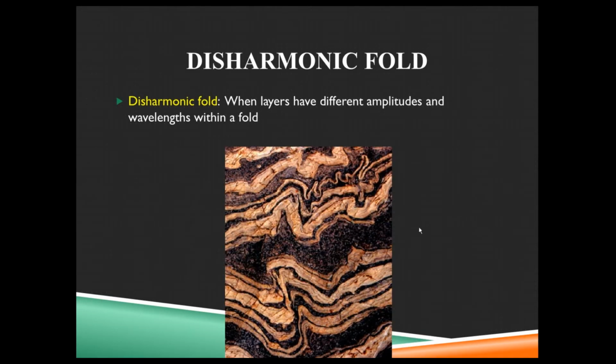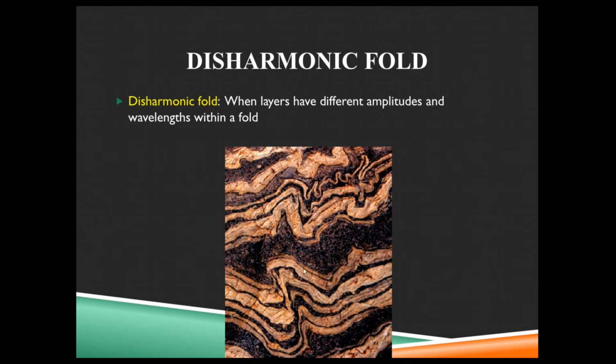Disharmonic folds, on the other hand, have different amplitudes and wavelengths within a fold system. So you can see here we have some that are really kinked up and small little folds, and some that are bigger with longer wavelengths, and they're very irregular and uneven. At the top, very disharmonic.